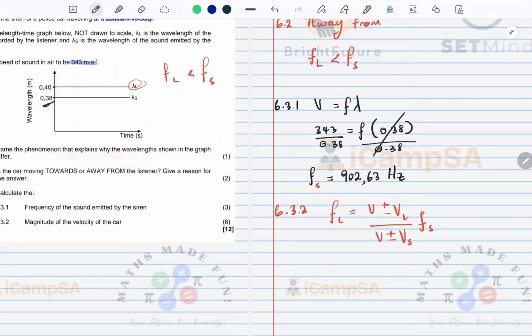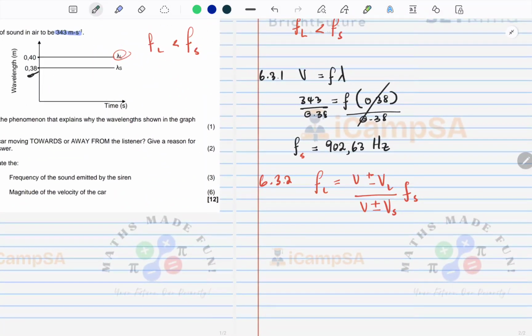So we need to first calculate that the same way that we calculated Fs. I've got V equals F lambda. Again it's the same velocity, and the frequency is what we're looking for, but now we use the wavelength of the listener, which is 0.4.